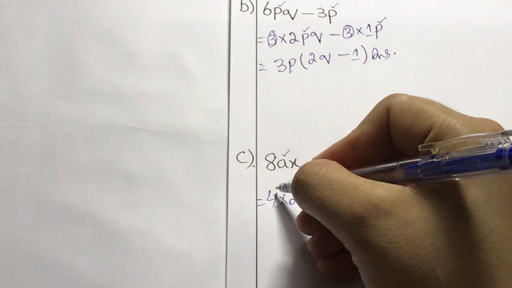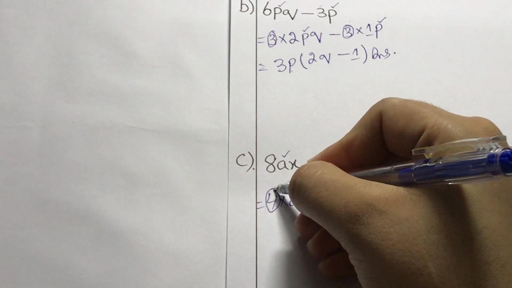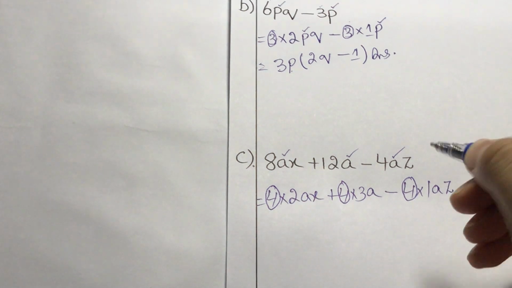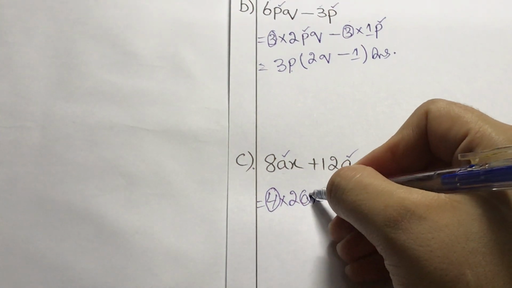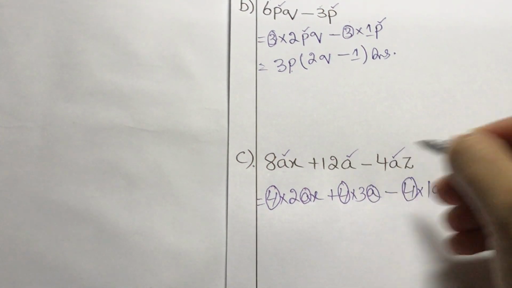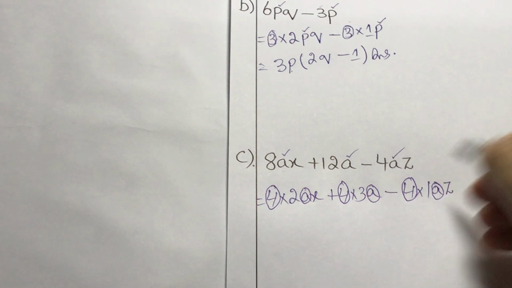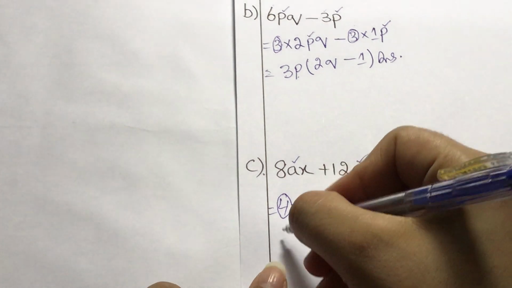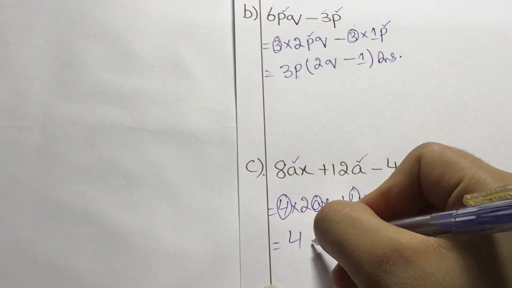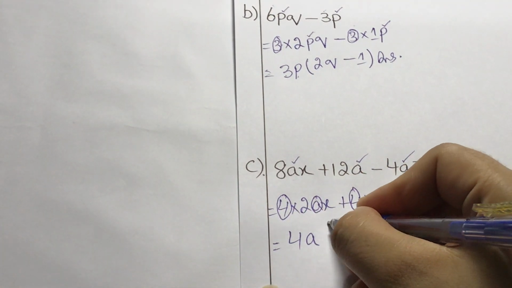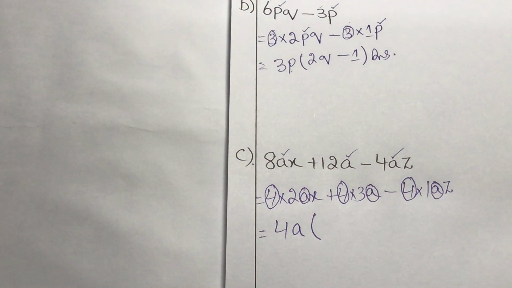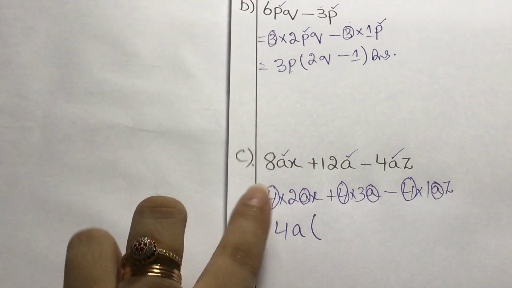Now your common factor 4, 4 and 4, and you have common variable a. Right? In all the terms we have a. So our common factor is 4 and our common variable is a. We will take these two outside of the bracket and we will write the remaining terms here.